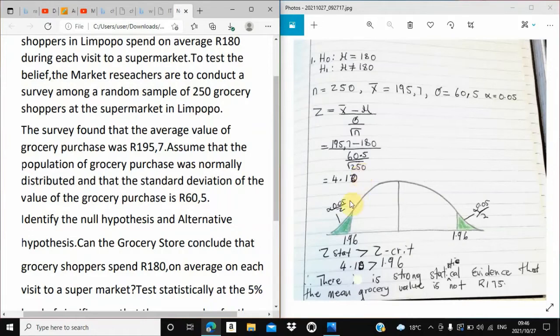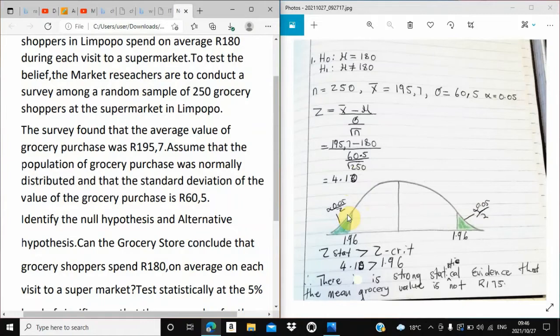Our z value, we get it the same way we used in normal distributions, in sampling distributions, in confidence intervals. Our alpha was 0.05. We divide it by 2. You may ask yourself why we divide it by 2.